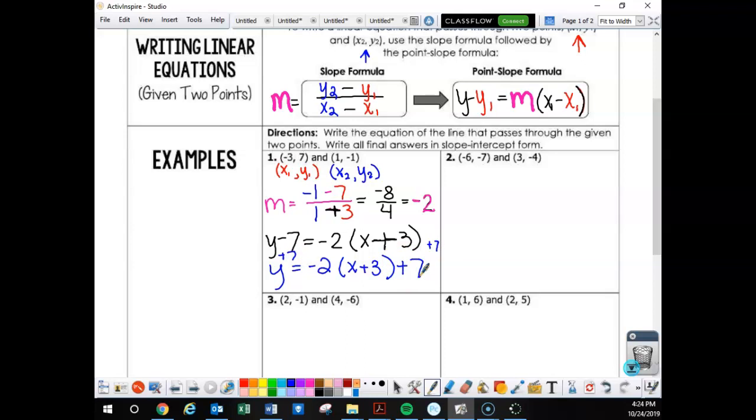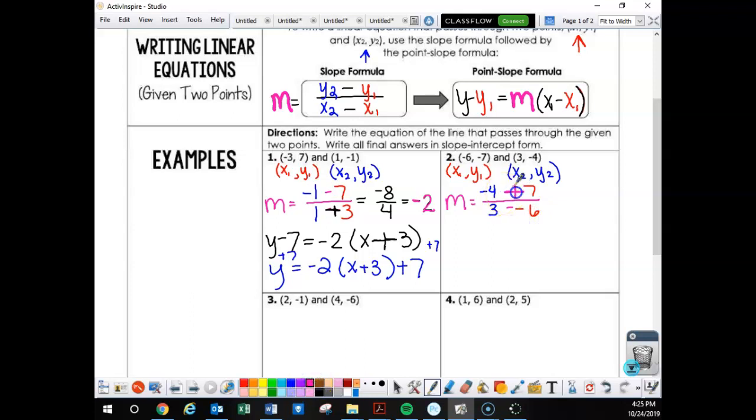Go ahead and try, well actually, I'll do another one with you. Again, name your points, x1, y1, and x2, y2, and plug them into our slope formula. So m equals a fraction separated by subtraction. I have y2 over x2, so negative 4 over 3, and then y1 over x1, so negative 7 over negative 6.